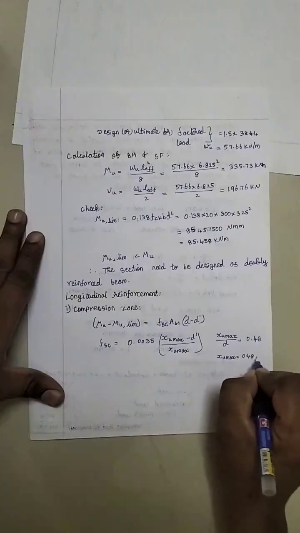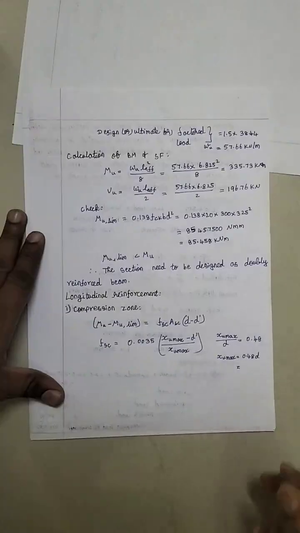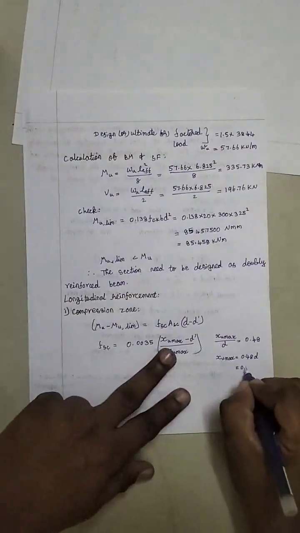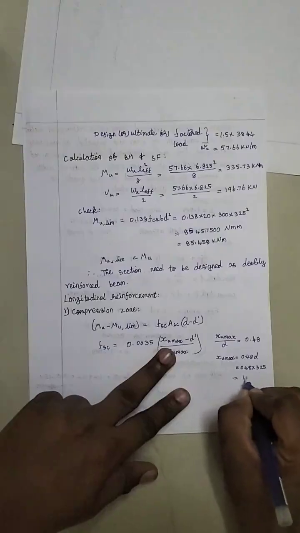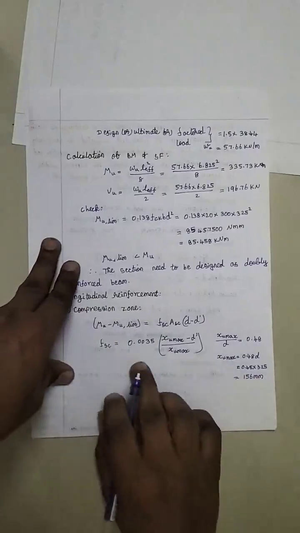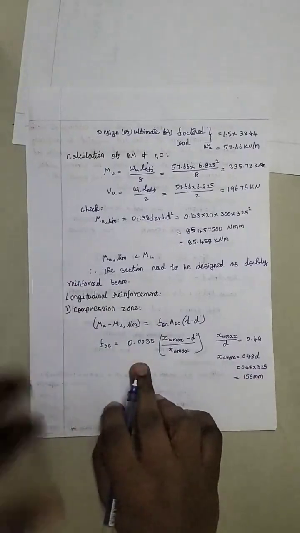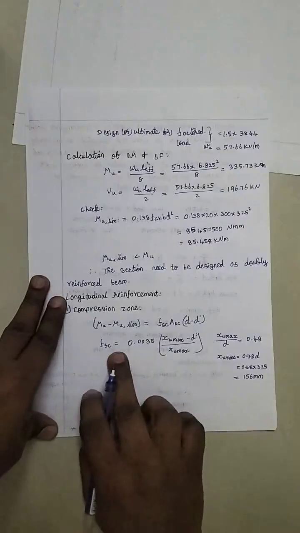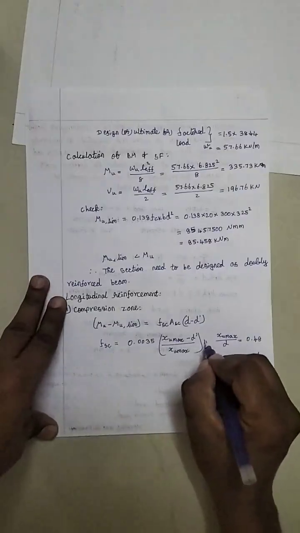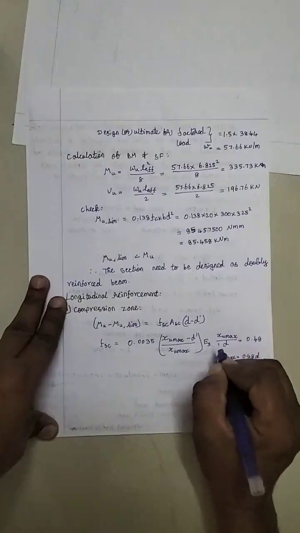Here the D value is 325. So the XU max value is 0.48 into 325, so the value is 156 mm. Here in the problem they have given that the stress is proportional to this value. So here we have introduced equal to, so we need to multiply it with Young's modulus of steel.